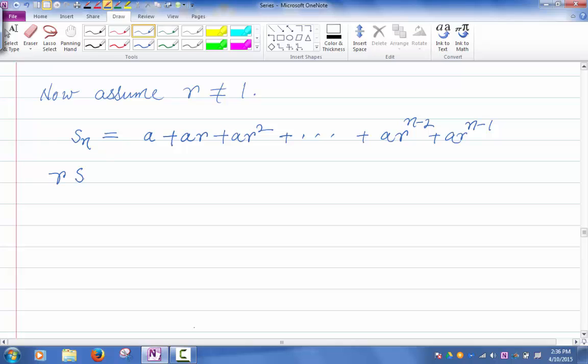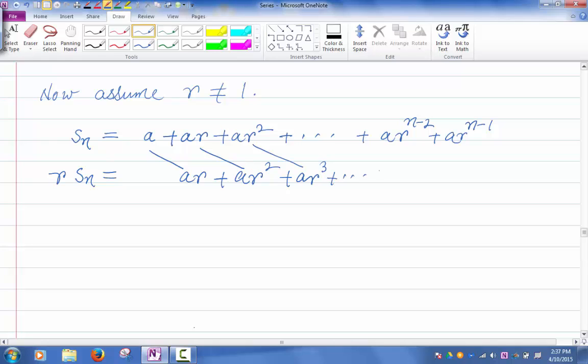So r times Sn. What is that? When you multiply a by r, you get ar. When you multiply ar by r, you get ar squared. So this is what you get. Plus ar cubed when you multiply this by r.